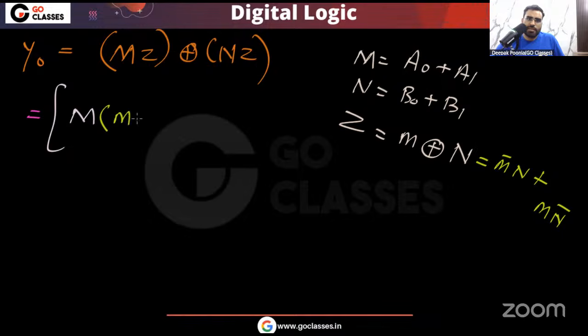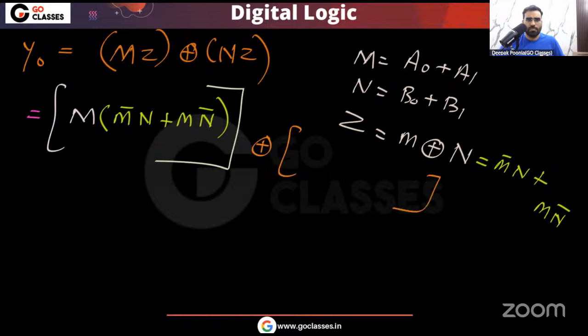So here I can say that it will be m bar n or mn bar. XOR. Here you can see we have n z, and inside we have z. Z means basically m bar n or mn bar.